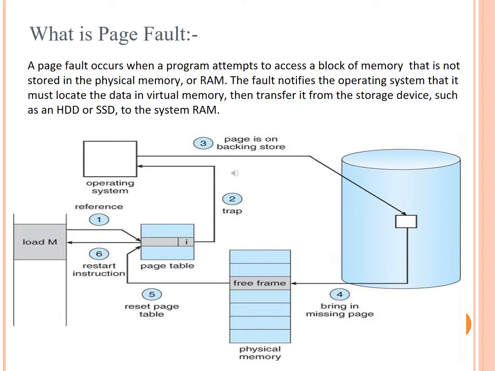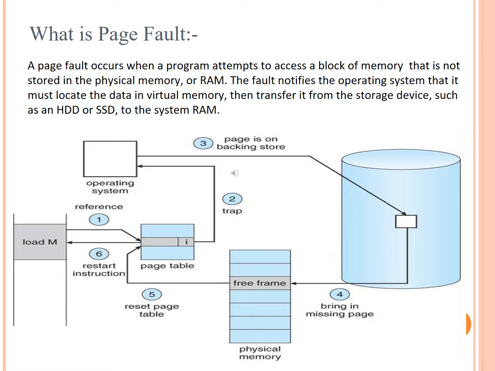When a page fault occurs, the following sequence of events happens. The first is references, second is trap, third is page is on backing store, fourth is bring in the missing page, fifth is reset the page table, and sixth is restart the instruction.